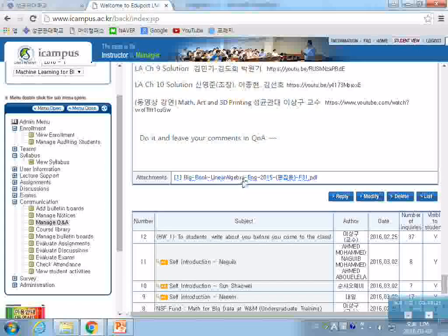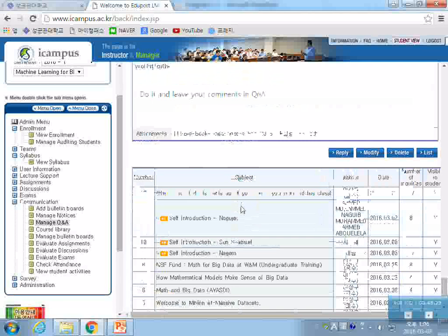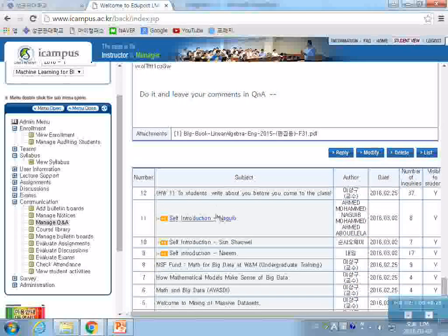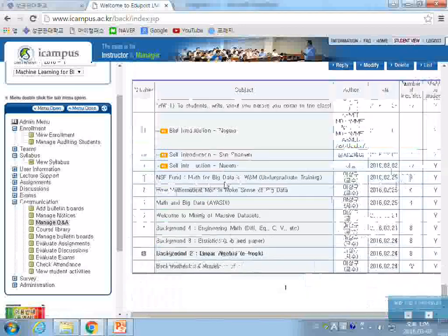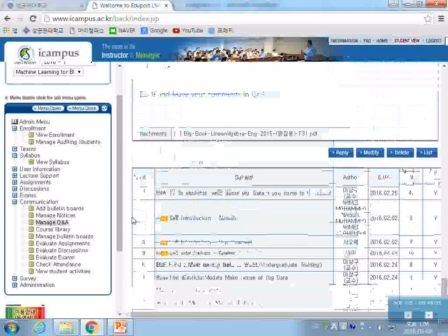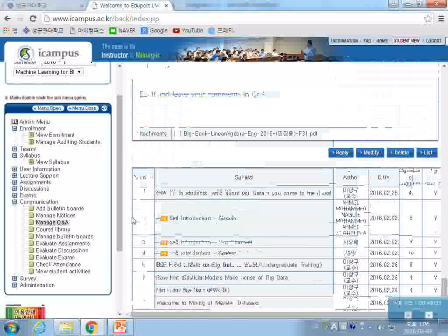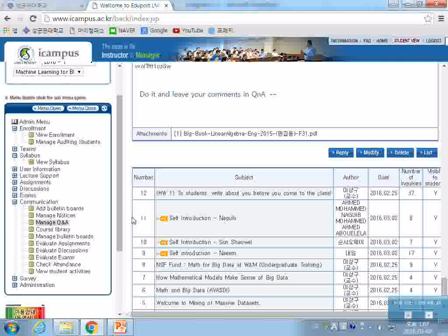So for those who don't know the power method, you will find the information here. Who don't know the singular value decomposition, you will find the information here as well. So you just go through it and make questions and any comments, and then raise any questions. So it will be answered before we start the next class.